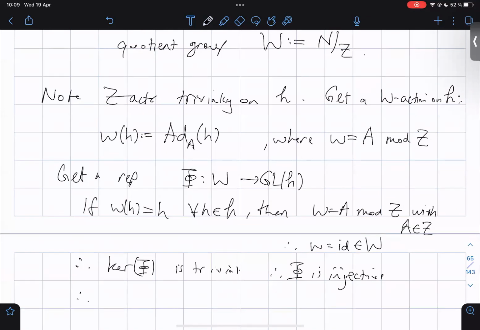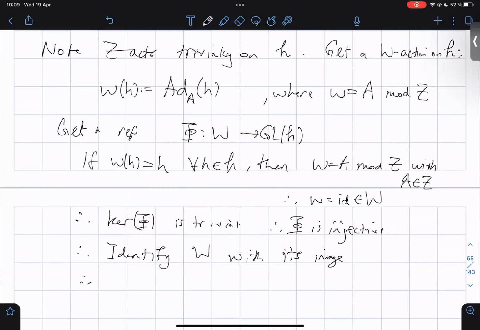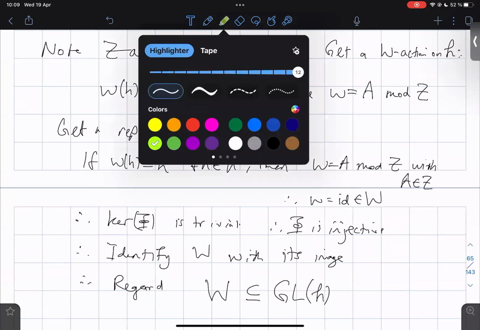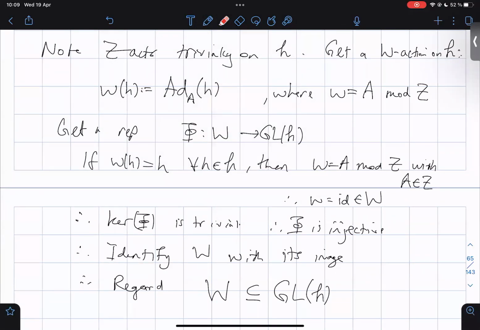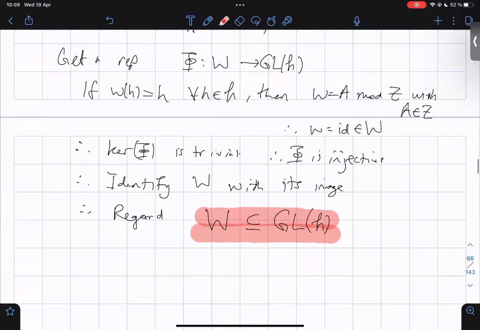So therefore, identify W with its image. So we can regard W as a subgroup of GL of H. That's good.